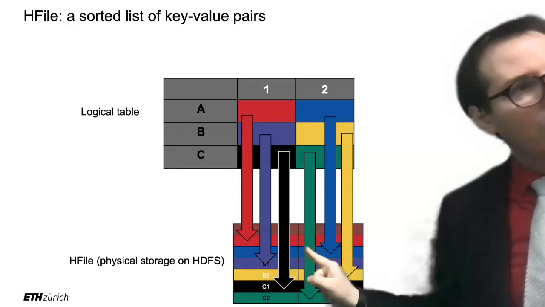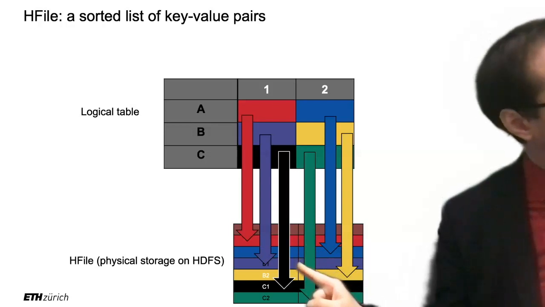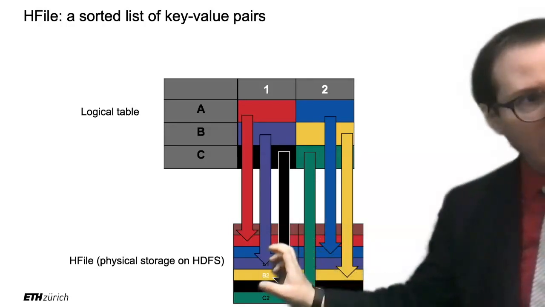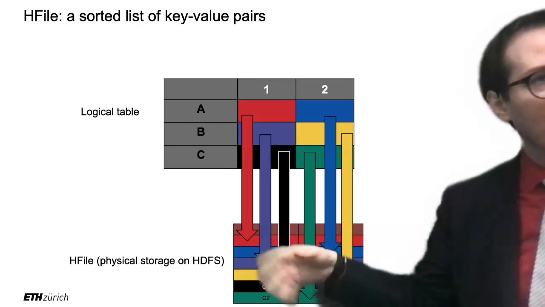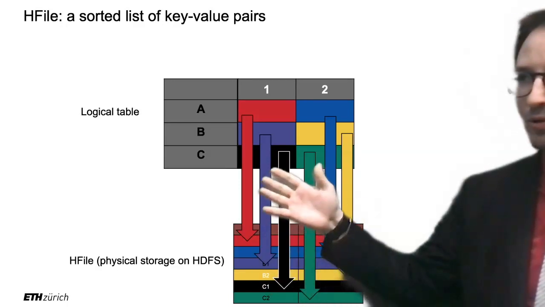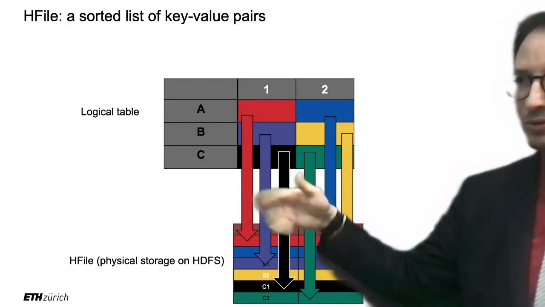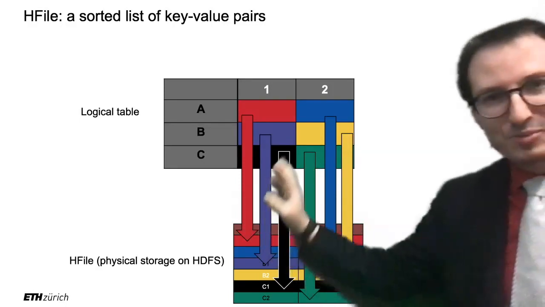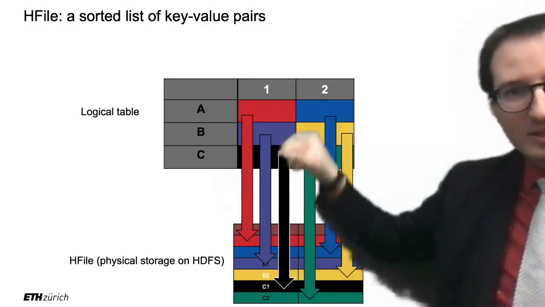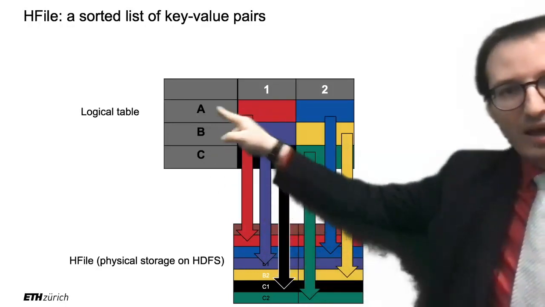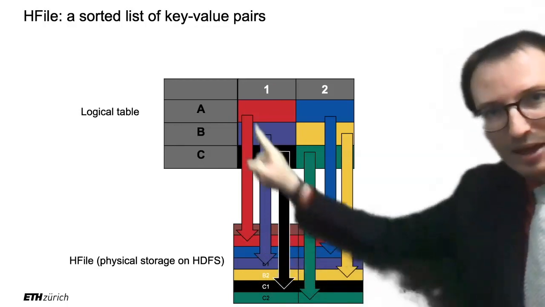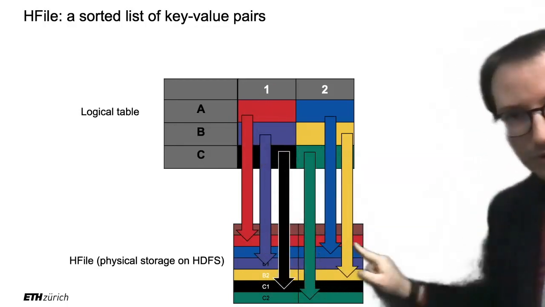What are these? You might have recognized key values, right? There is a key and there is a value. What is the key? It's like when you play the game with the ships, battleship, right? It's pretty much like this. You have these coordinates, let's say A1, so you put A1 in there, that's the key, and whatever value is in there, you put on the right.